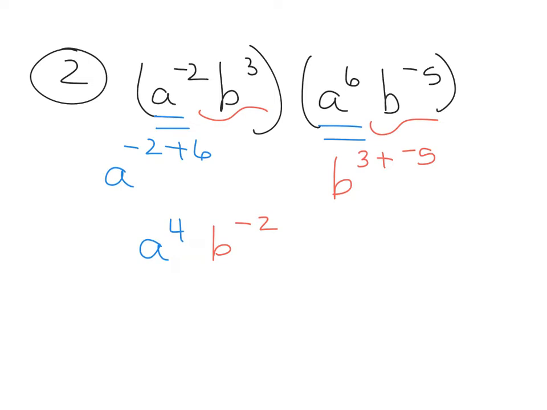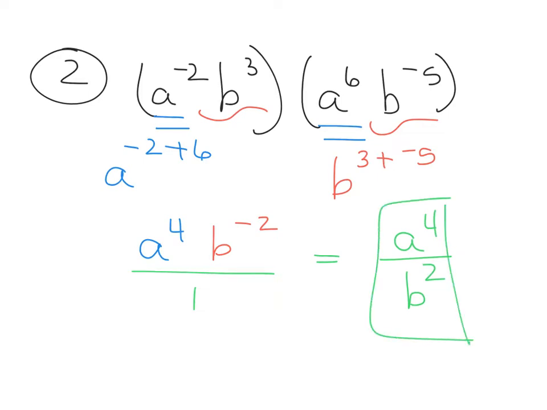Technically, this is a big fraction, and I'm going to move the negative exponents and leave the positive exponents where they are. So the final answer to this problem is a to the 4th stays because it's positive. B to the negative 2nd goes to the bottom so that we can eliminate the negative exponent. That is my final answer.